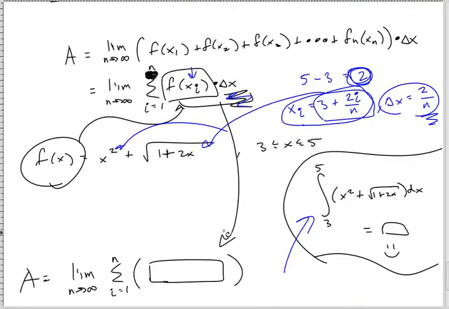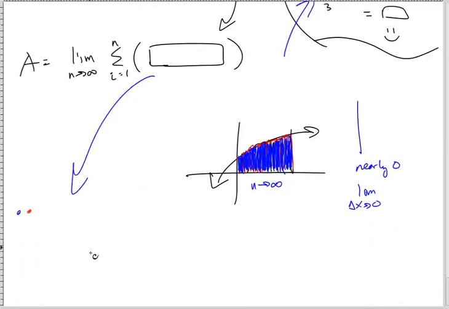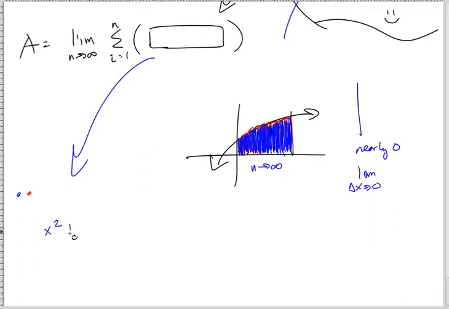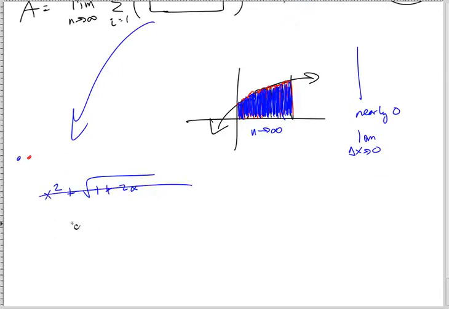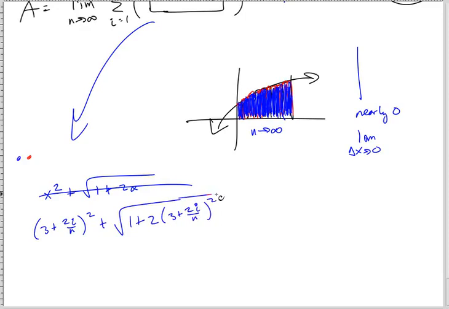And so what do you fill in the box with? And do not try to simplify, because that would take way too long. This was our original, okay? So we don't want our original. What we want instead is to replace it with the x sub i. That being 3 plus 2i over n, and now all that squared, square root of 1 plus 2 times 3 plus 2i over n, and then all that squared, and then the entirety of this thing here should be multiplied by the delta x, which is 2 over n.